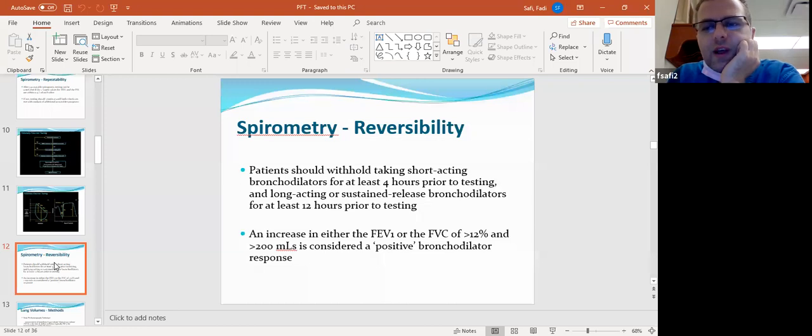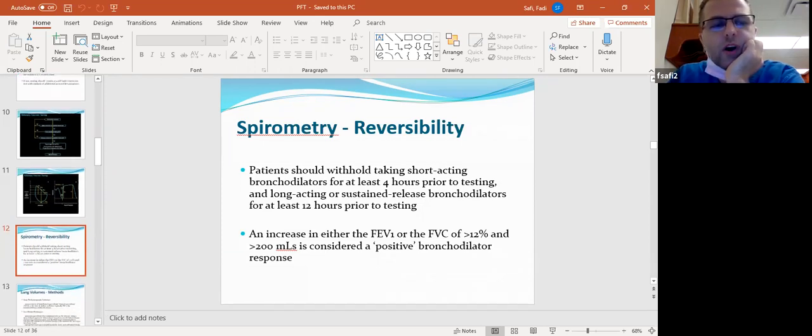If he doesn't, he is negative. To diagnose asthma with a positive bronchodilator response, you need a 12% improvement. Not only asthmatics have a positive bronchodilator response; sometimes COPD patients do too. So a 12% improvement in the FEV1 means that the bronchodilator response is positive.